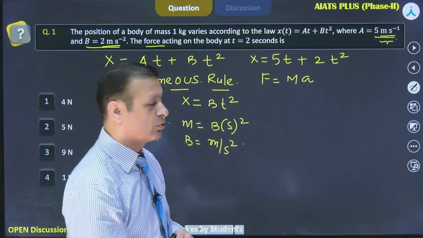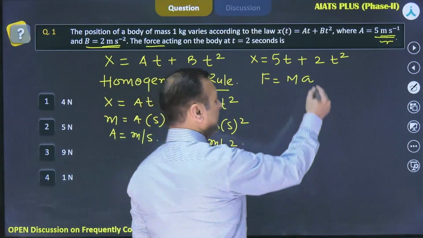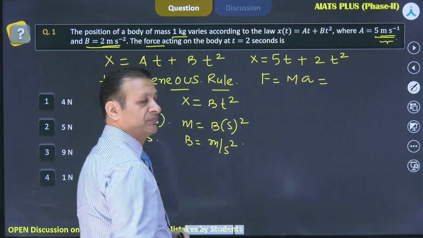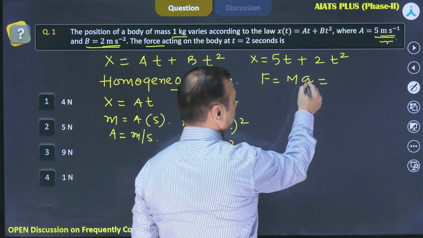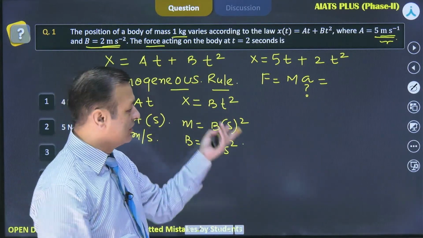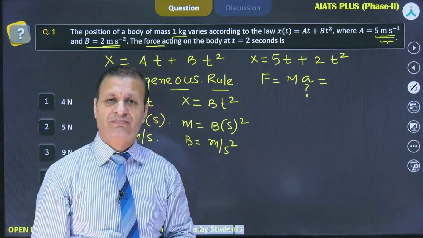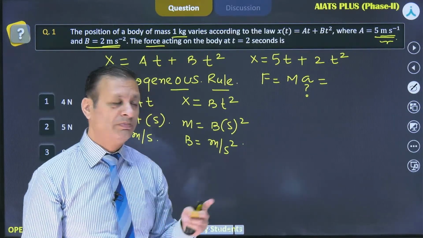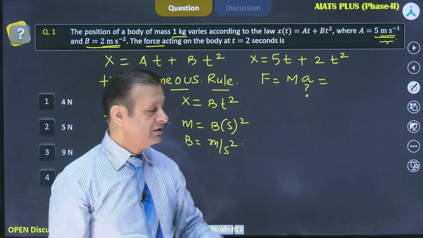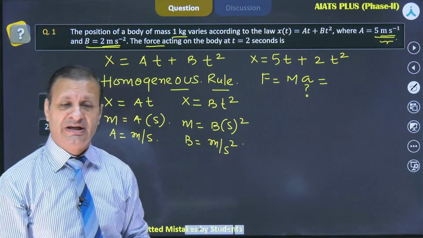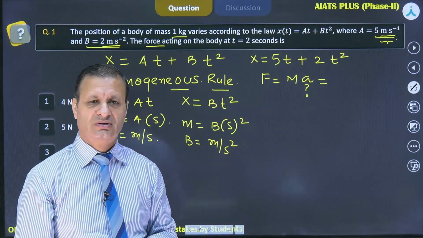Now mass is no doubt given to us as 1 kg. So if we have a, then you can answer this question very well. Does any one of you have any idea how we'll obtain the value of a from this position versus time equation? Anyone?